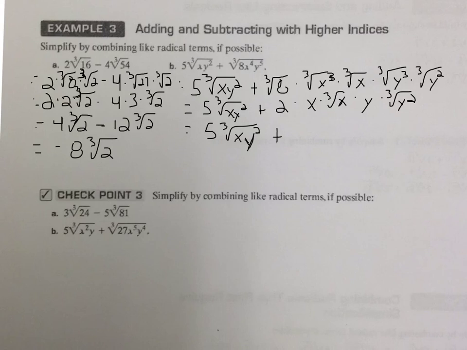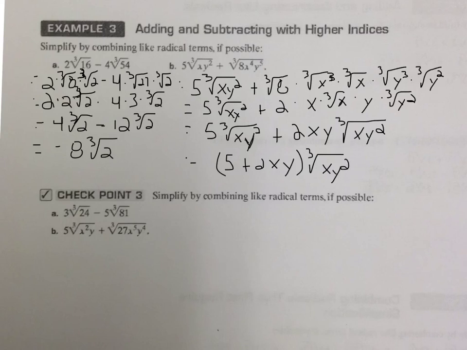The second term becomes anything that we took the cube root of goes out front, just like we did in last section. 2xy, and we're going to have one big cube root for the xy squared, and we did end up with a like radical. So now we can add them. 5 plus 2xy, and we're going to be multiplying that whole thing by the cube root of xy squared. That's the answer for part B.